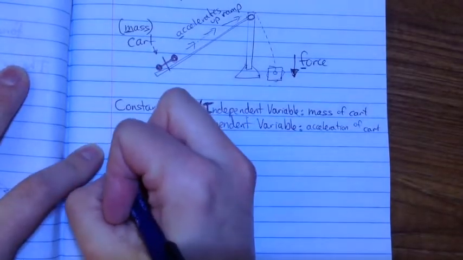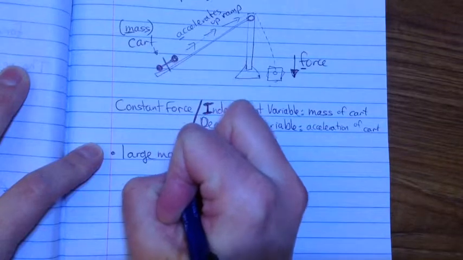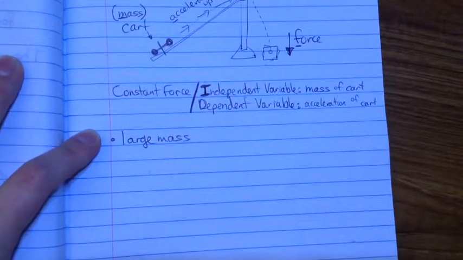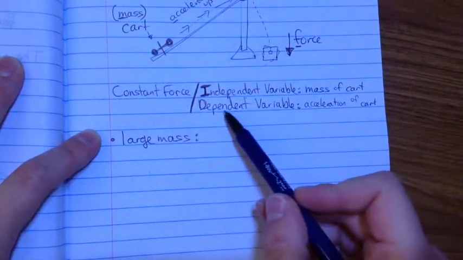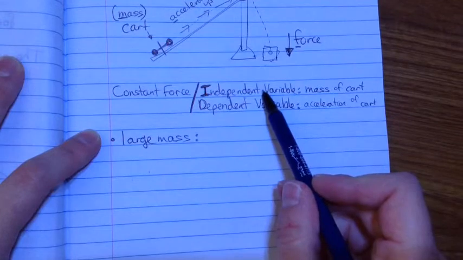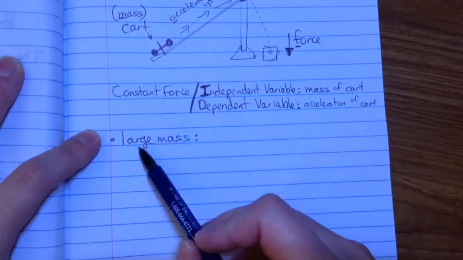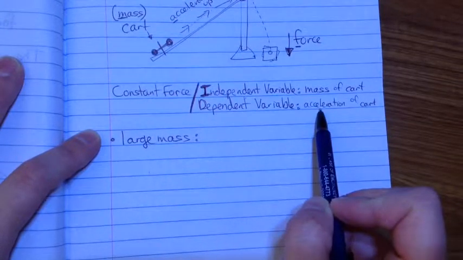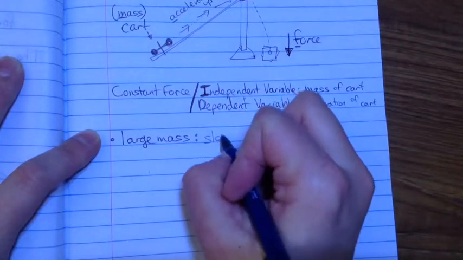Okay, so when the cart had a large mass, our independent variable was a large mass, the force was constant, so what was the result of that on the dependent variable? Acceleration. It was a slow acceleration.